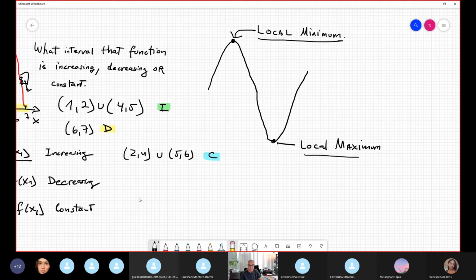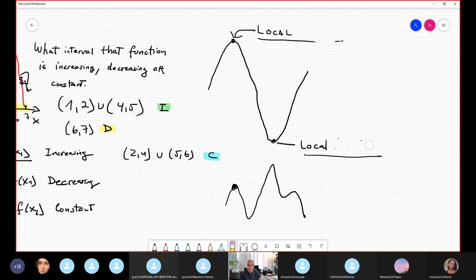It's not necessarily the highest value, because suppose you have a curve like that, boom, boom, boom. So this is local min, local max, sorry, I made a mistake. This is local maximum, and this is minimum. So the peak of the hill is local maximum and the deep part of the valley is local minimum.